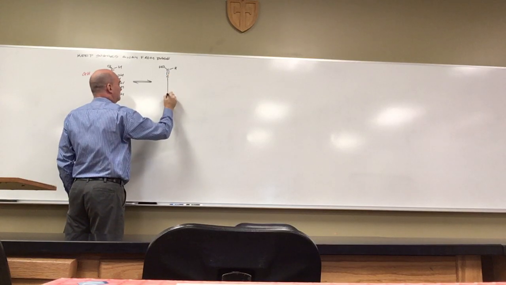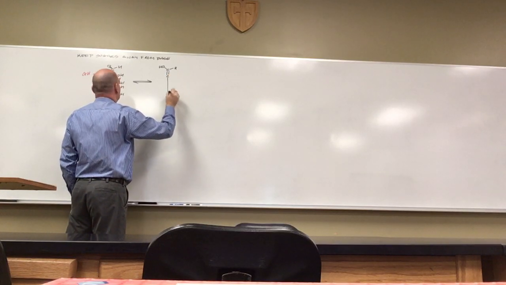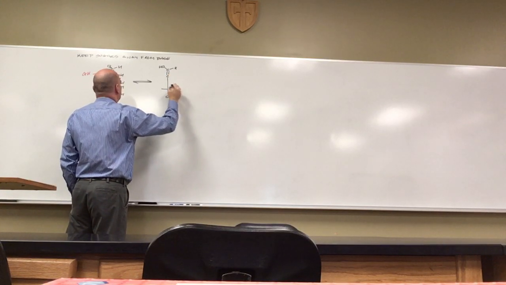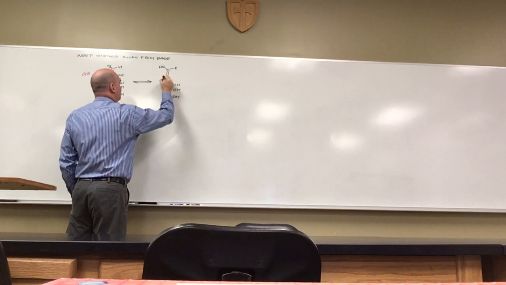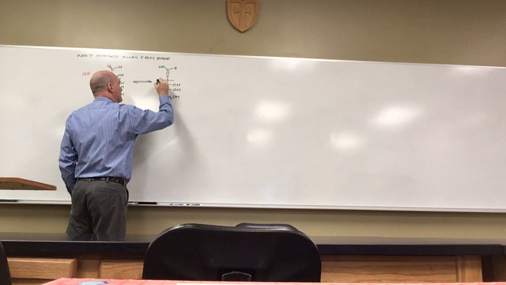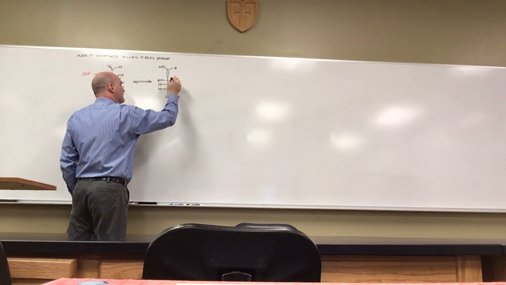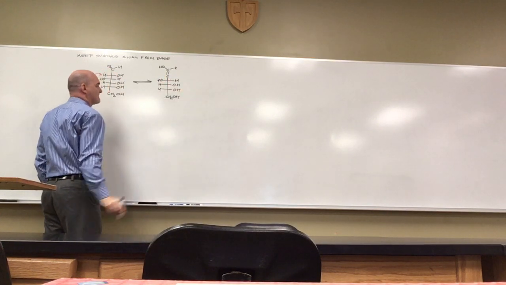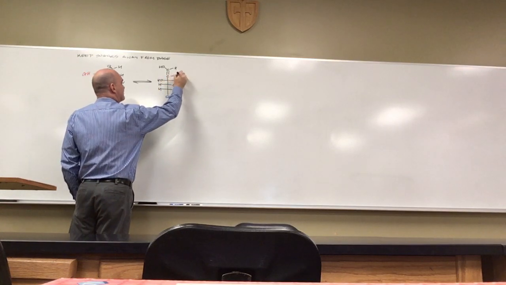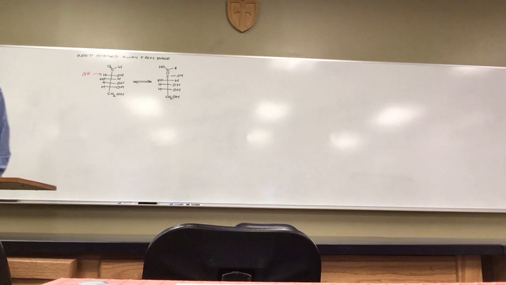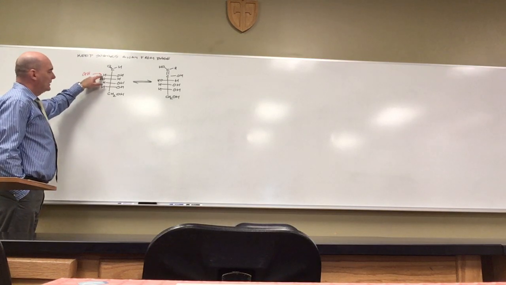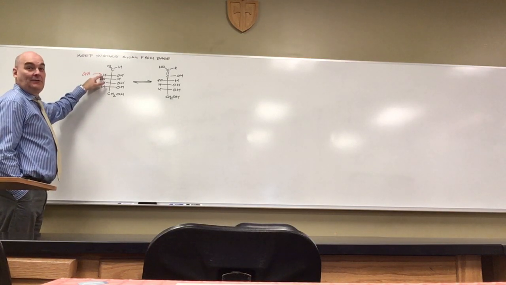Tough ground. We keep our sugars away from base. That is an alpha hydrogen.